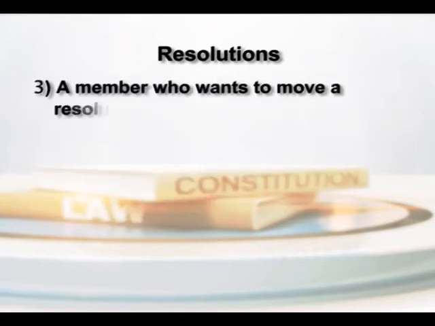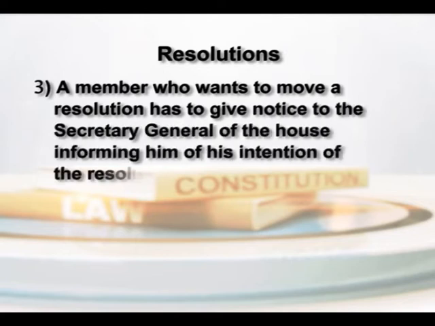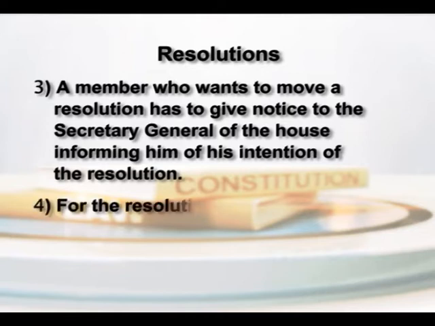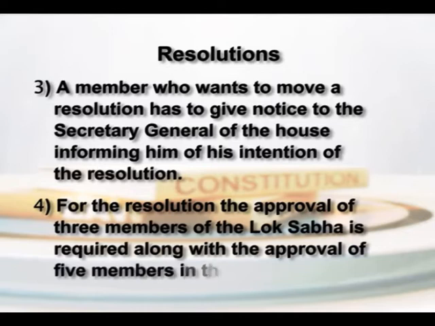A member who wants to move a resolution has to give notice to the Secretary General of the House, informing him of his intention. For a resolution, the approval of 3 members of the Lok Sabha is required, along with 5 members in the Rajya Sabha.